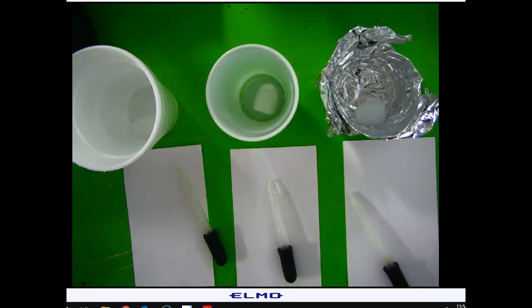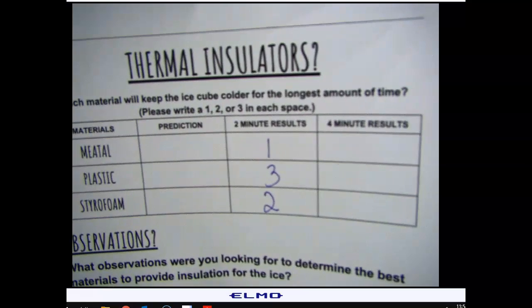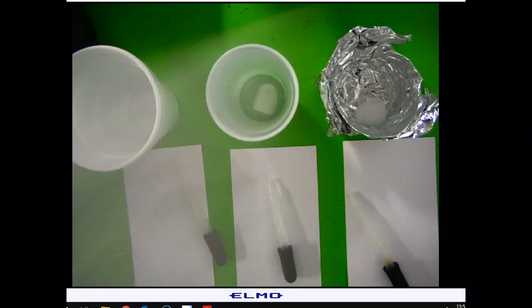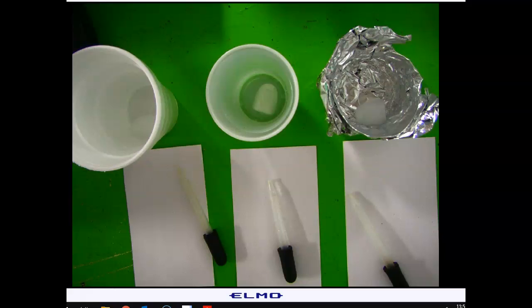And my number three is going to be plastic. It had more water than the styrofoam. So after 2 minutes, these are our results. Styrofoam had a drop, plastic had a few drops, and metal had nothing. There was no proof of melting.